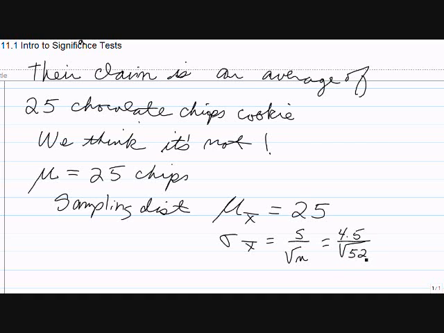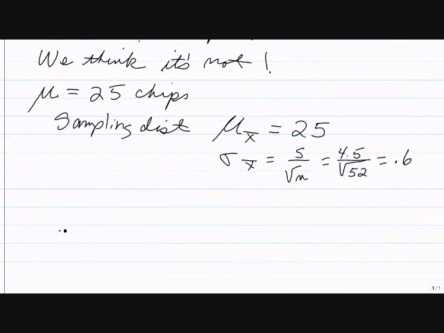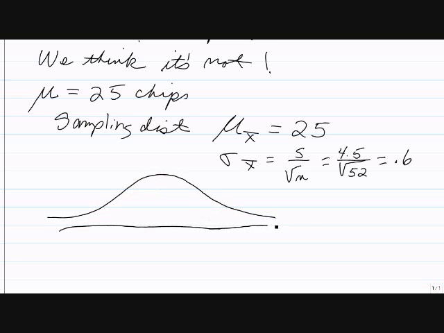So we'll take 4.5 divided by the square root of 52 and get approximately 0.6. And now the shape of the sampling distribution is approximately normal because of the large sample size, central limit theorem.